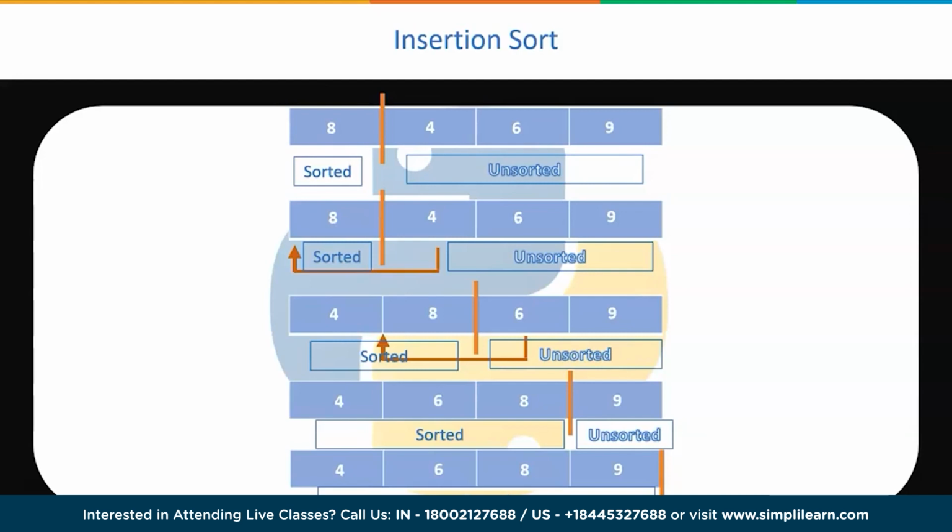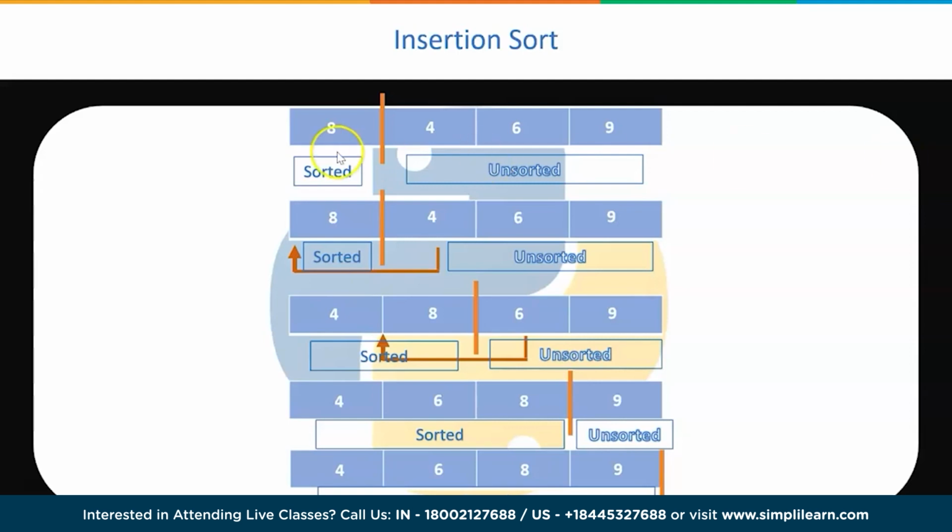Like you shuffle the cards and sort your playing cards in your hand. It's just like that. Okay, so the array is virtually split into sorted and unsorted parts. Values from the unsorted parts are picked and placed at the correct position in the sorted part.